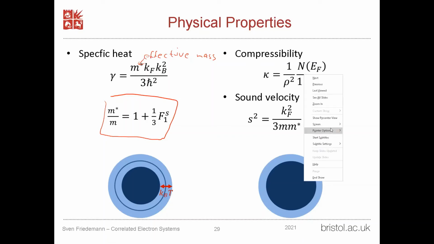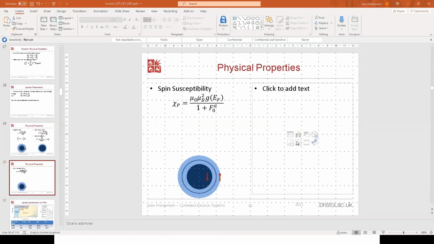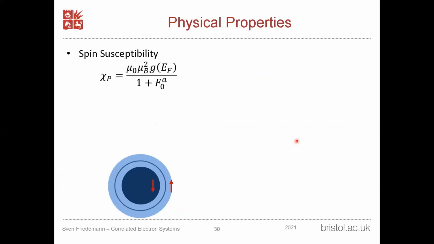Similarly, the compressibility is an important property that can be modified by the Fermi liquid coefficients, the Landau coefficients. In this case, it's the F s naught coefficient that will change it. Sound velocity is another one, often in fact looked at in terms of the helium-3 system, because that's something which is easy to study. Another property is the spin susceptibility.